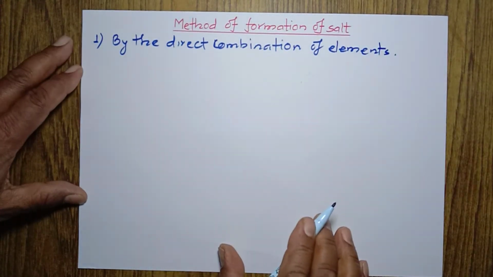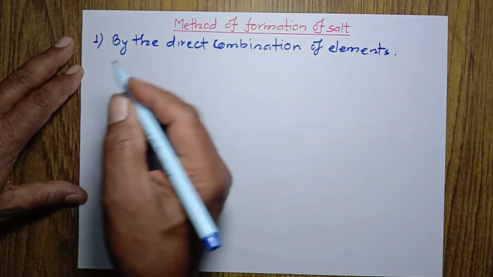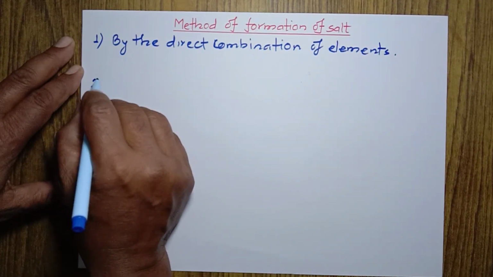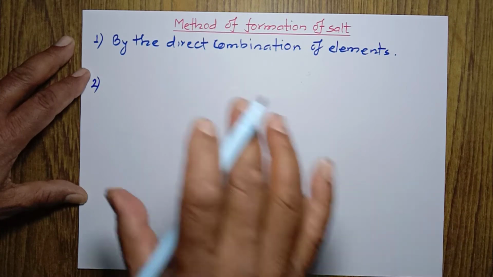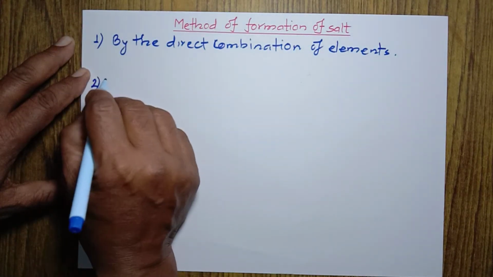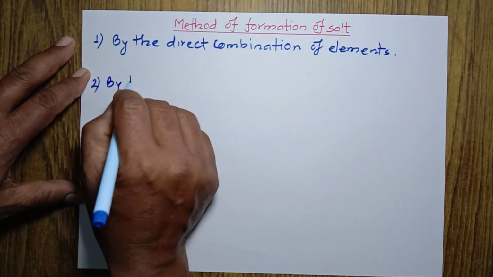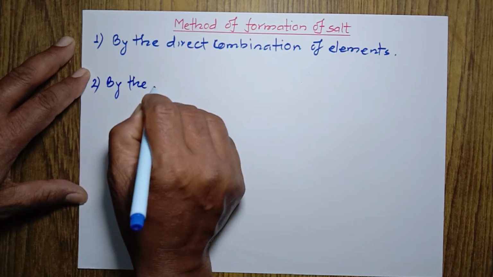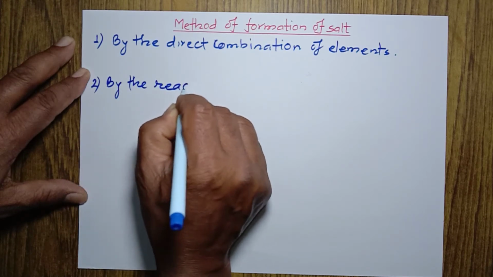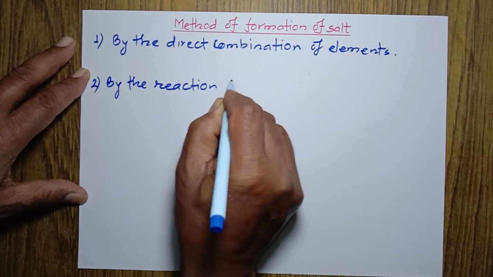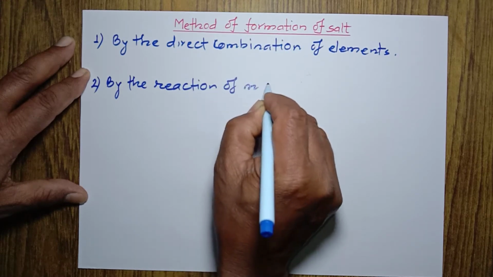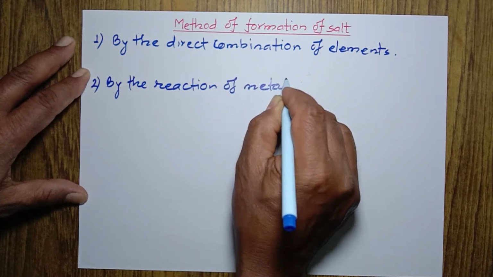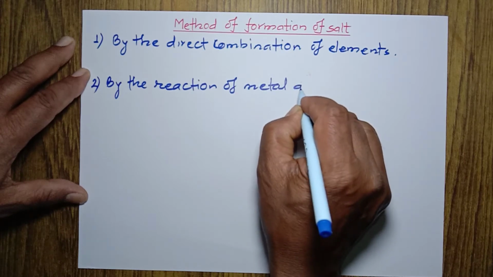This is one of the methods of formation of salt. Now we can take another method like this. This is another method, by the reaction of metal and acid.